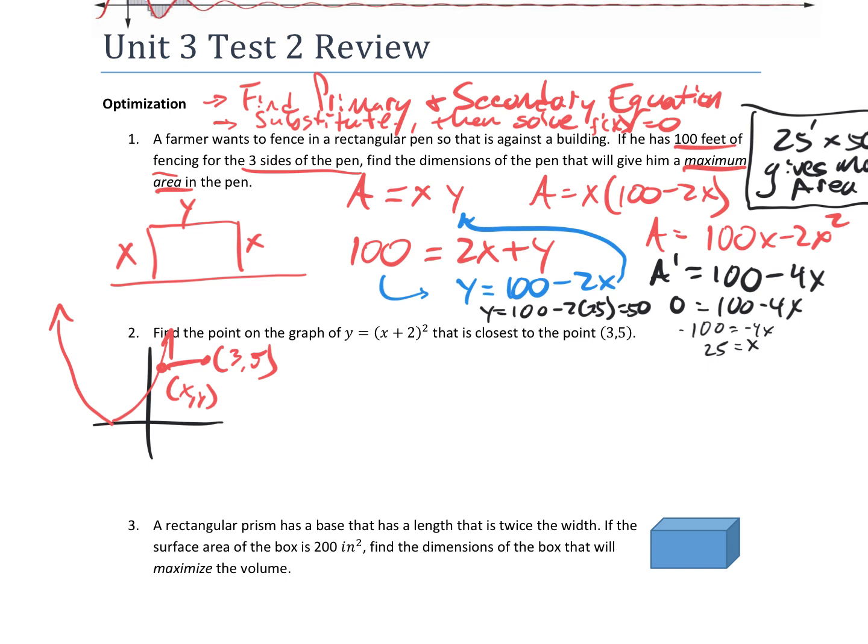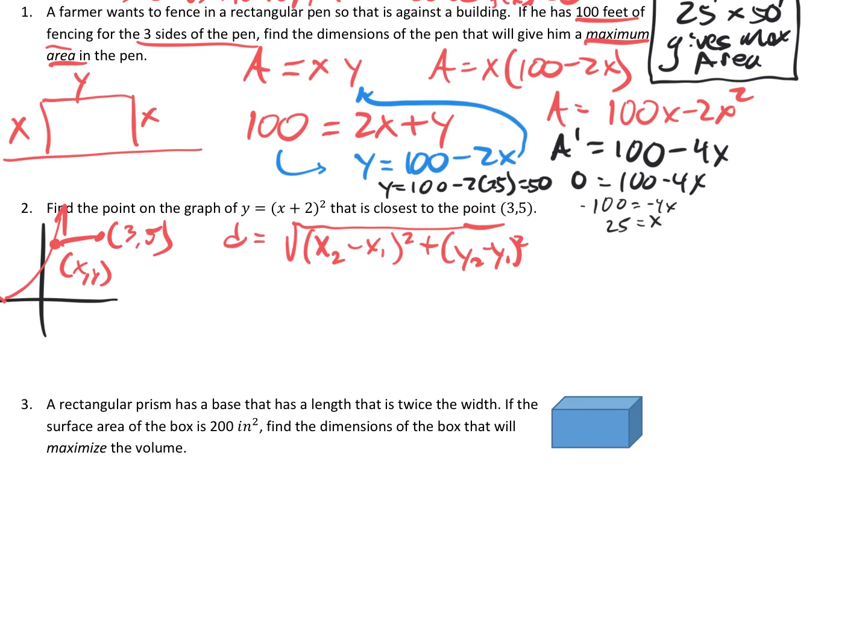So we have to find the distance between these two, using the distance formula: the square root of (x2 minus x1) squared plus (y2 minus y1) squared. We'll find the distance between (x, y) and (3, 5), so we can rewrite that as the square root of (x minus 3) squared plus (y minus 5) squared. We want to take the derivative because we want to minimize this distance.